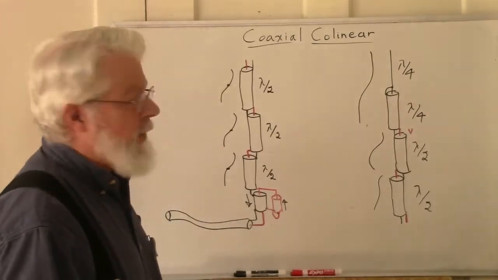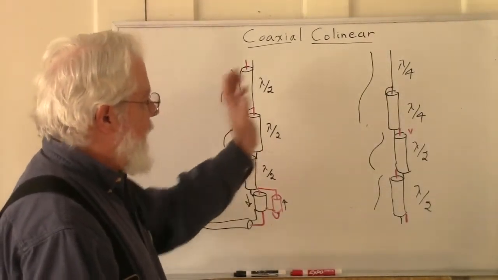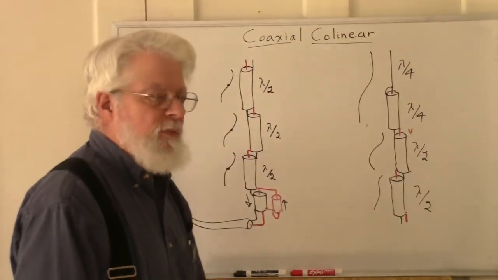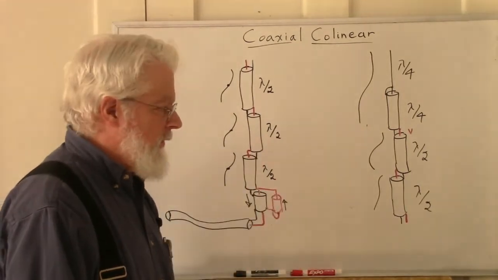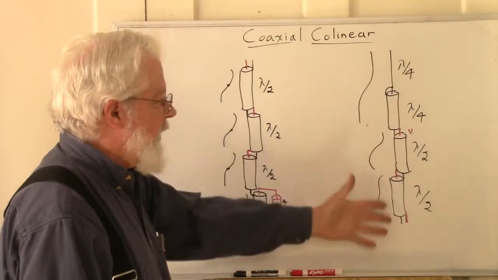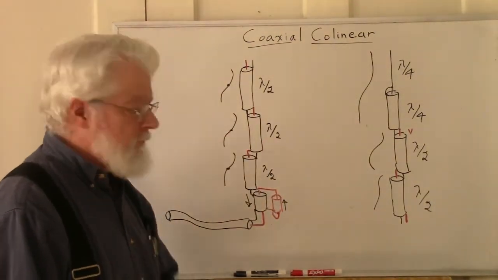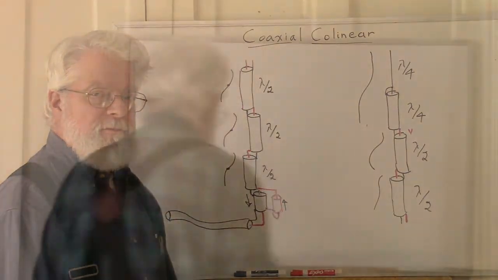So there you go, coaxial collinear. And we'll talk more about how collinears and what have you form wave fronts and beam fronts when we get into antennas. But for now, just the transmission line properties of this are just coax, just transmission line.